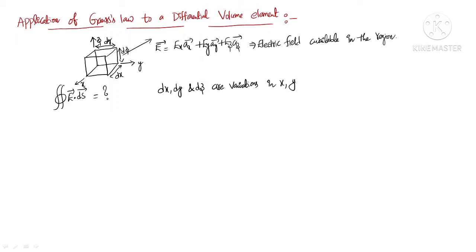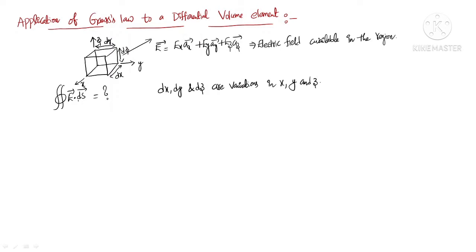These are the variations along x, y and z, and I want to find the closed surface integral of E dot ds for this surface.